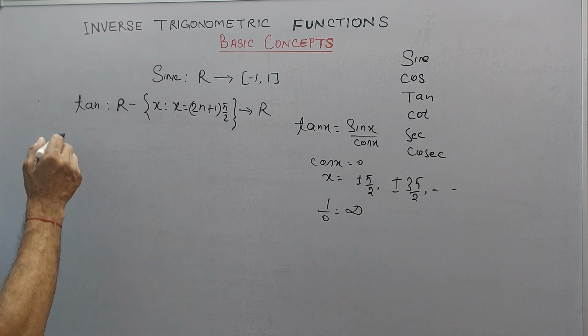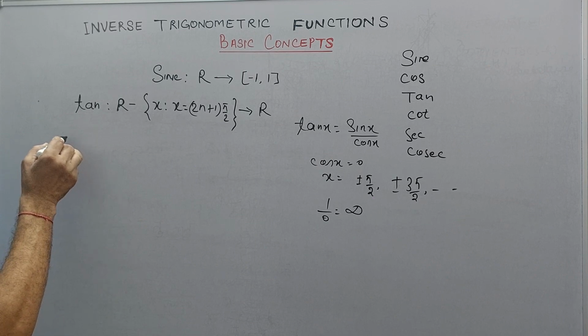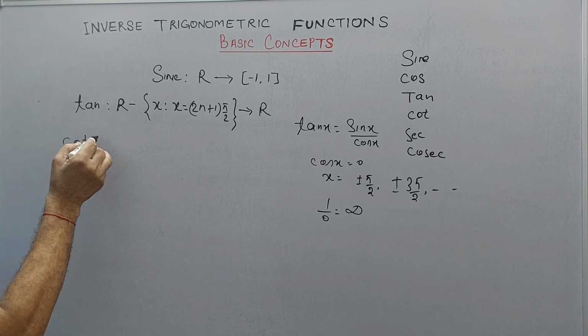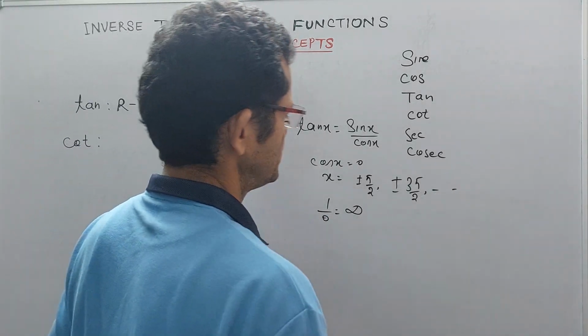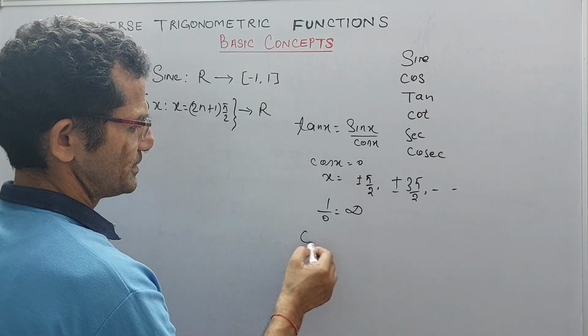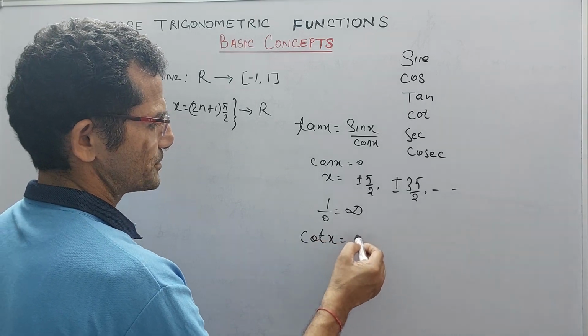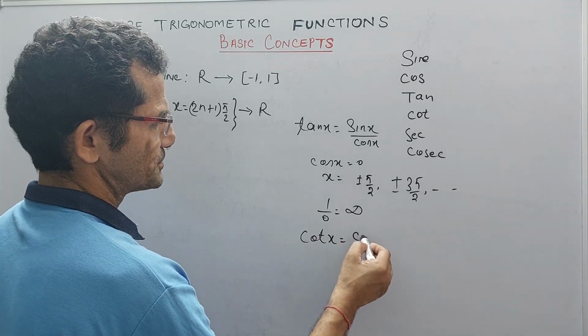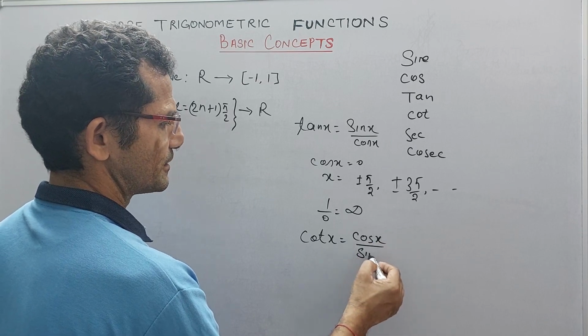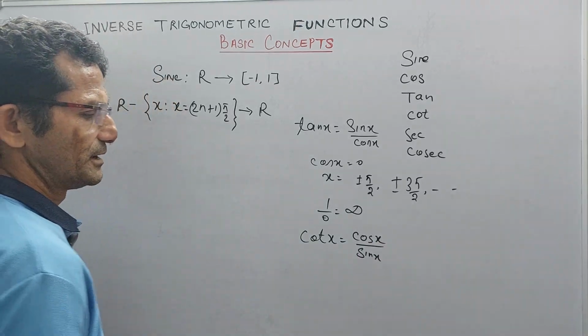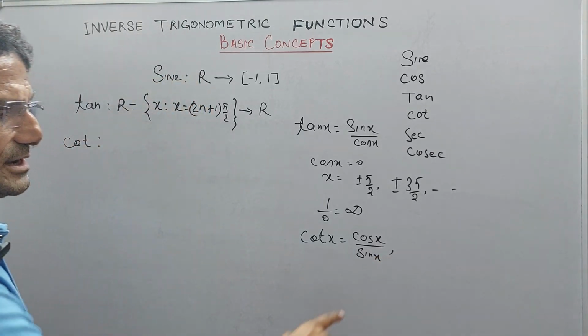Cotangent function also has a domain where the same thing happens as for tangent. We know that cot x is equal to cos x divided by sine x. It is not defined where sine x is equal to 0.